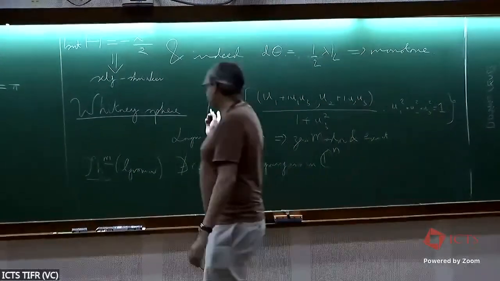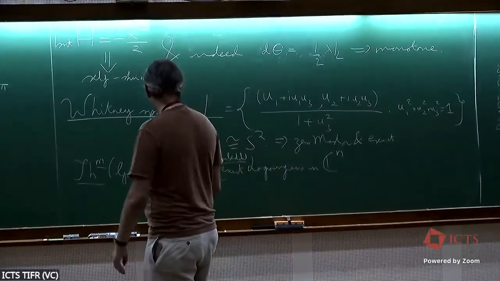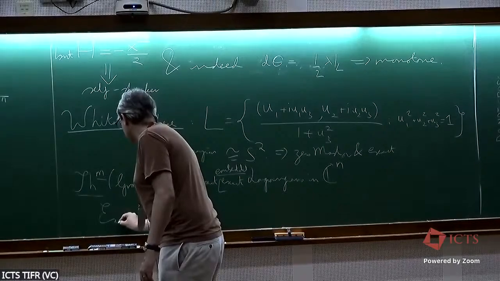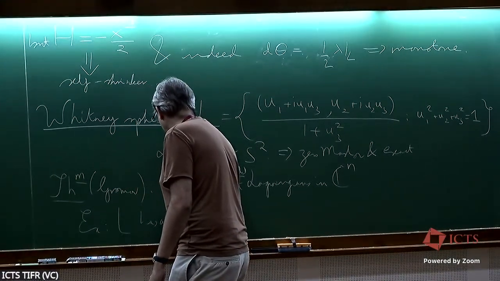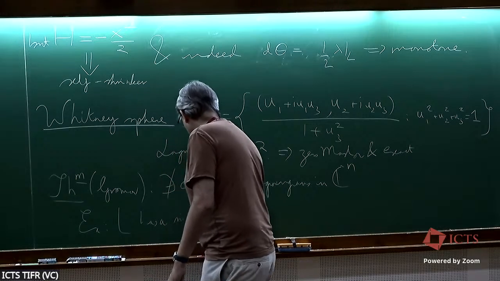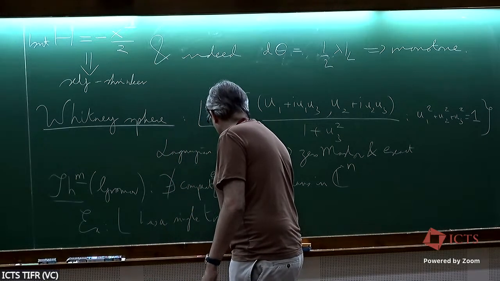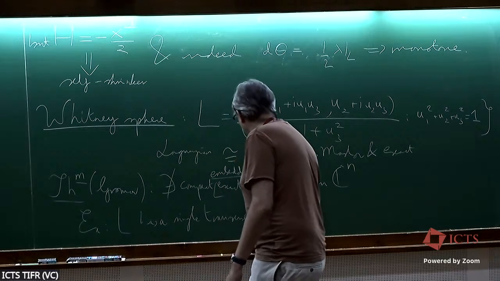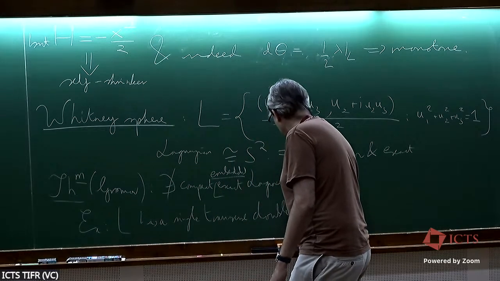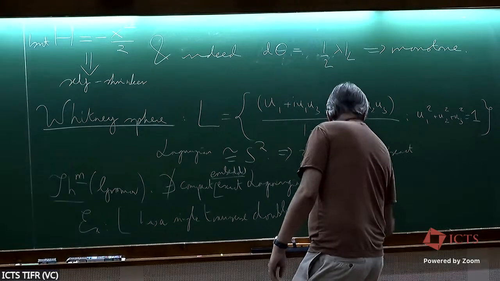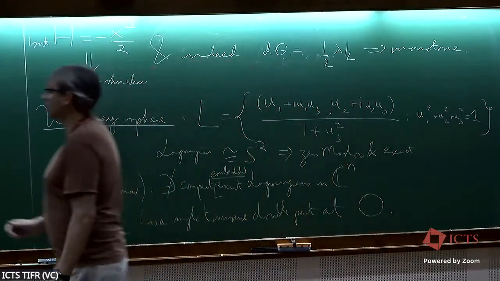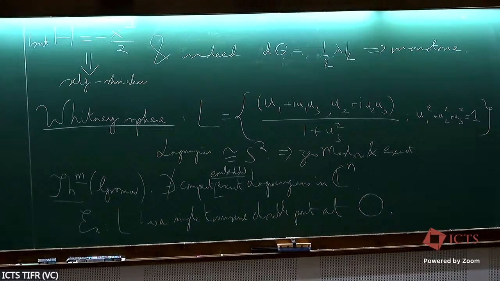And so that means that this Whitney sphere must be immersed, and indeed it's an exercise to show that L has a single transverse double point, self-intersection point, at 0. And I believe there were some talks about Willmore earlier in the week.